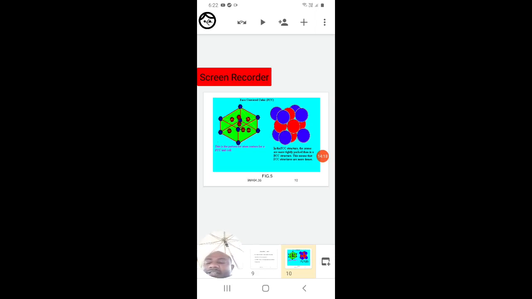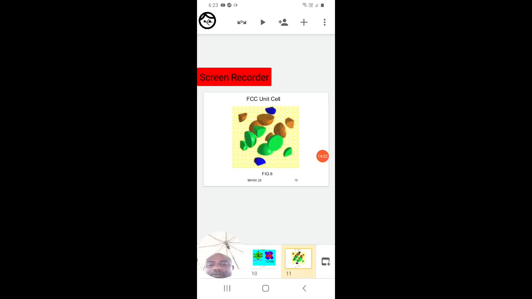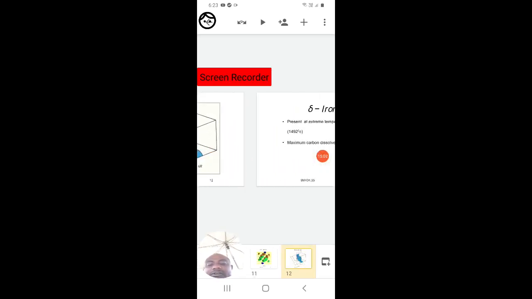So the total number of effective atoms for the face centered cubic system is 1 plus 3 equals 4. You can see the overall diagram, with half atoms on the 6 faces, so finally we get 1 plus 3.